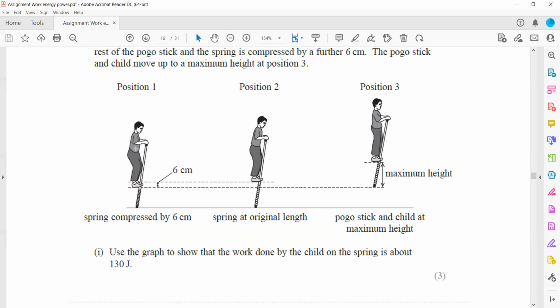For example, the weight of the boy and the pogo stick is 600 Newton, and they are pulling the earth also by 600 Newton. That is a Newton pair force. Then according to Newton's third law, the pogo stick is applying a force on the ground. Say this force is about 700, because the boy is pushing it down. So the ground will also apply an upward force of 700.